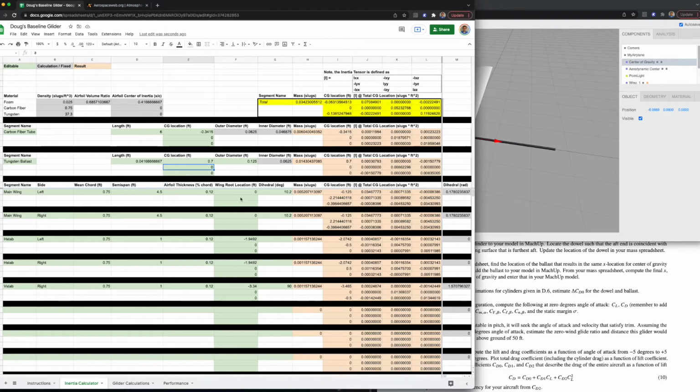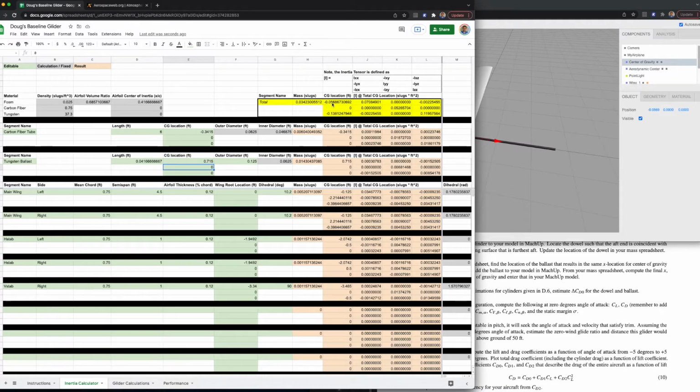We want to iterate on that maybe a little bit more. Minus 0.71. Let's see. 0.058. Let's go 0.72. 0.054. Okay, so it's somewhere between there. So let's do 0.715. 0.056. Okay, that is really close. I'm going to call that good enough.